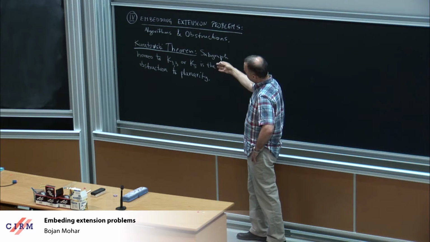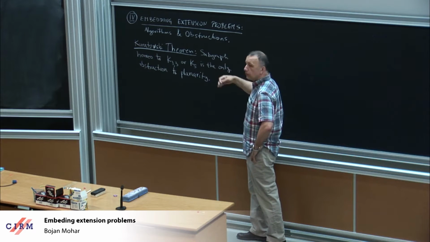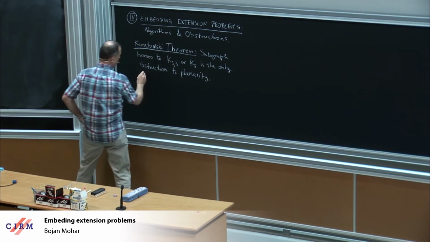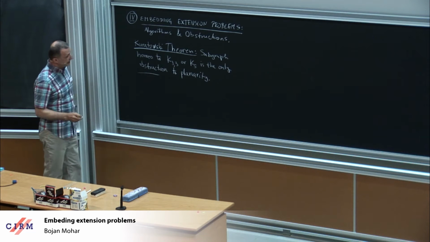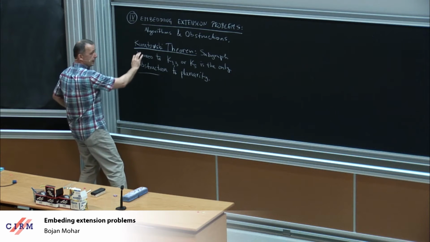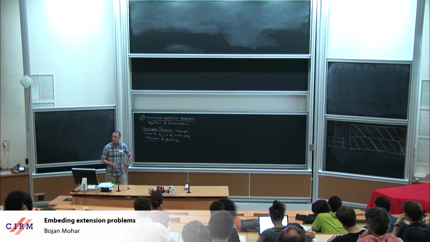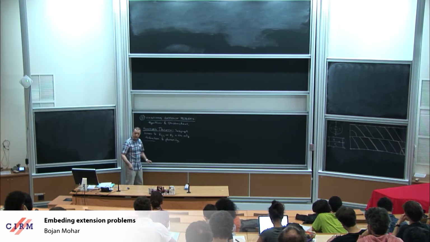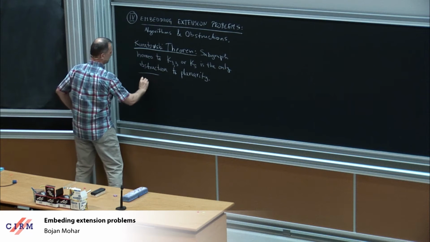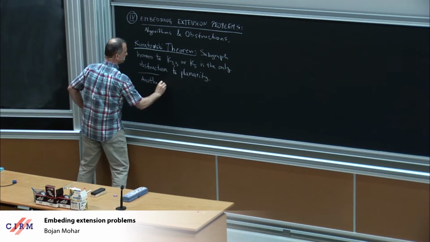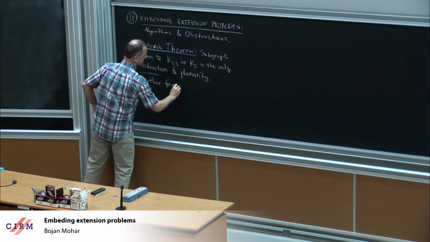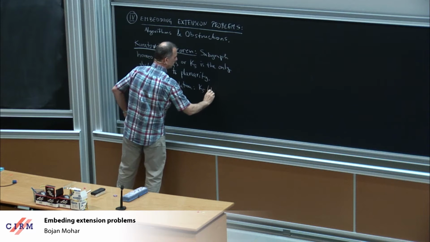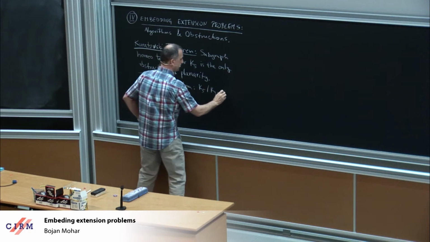So Kuratowski's theorem says that there are only two minimal obstructions. There is a version expressed in graph minors. You can say a graph is planar if and only if it does not contain one of these graphs as a minor. So another formulation of this is: no K5 or K33 as a minor.